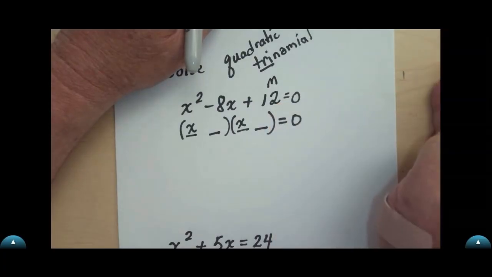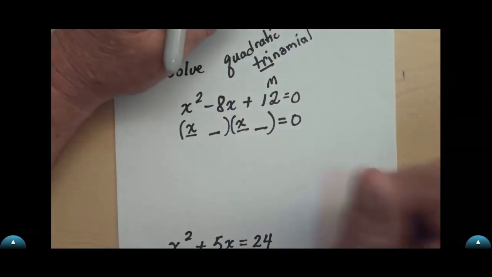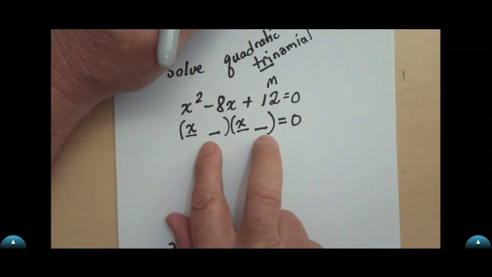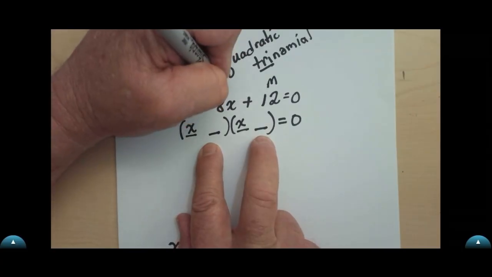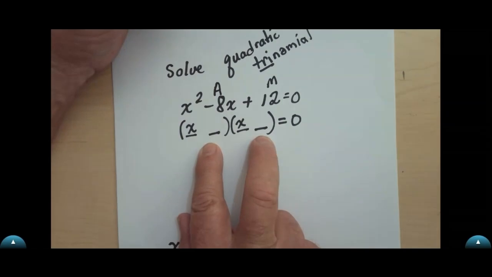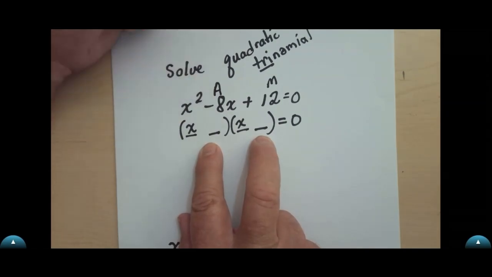Now that helps us because there's only a few pairs of numbers in the universe that multiply to be positive 12, right? But even more than that, these same two numbers that have to multiply to give us positive 12 have to add to give us this middle number, which in this case is negative 8.